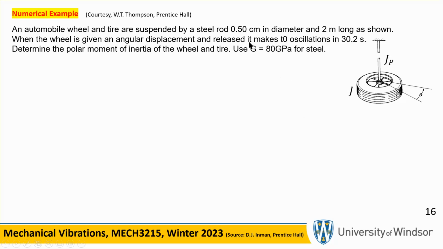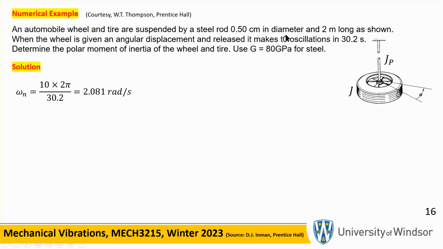First of all, the natural frequency of the vibration of the structure is given here. It is 10 oscillations in 3.2 seconds. So 10 oscillations means 10 times 2 pi, which gives you radians, divided by 3.2, which is going to give you 2.081 radians per second.